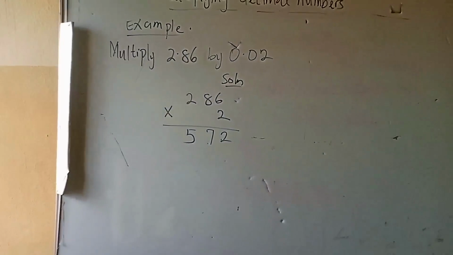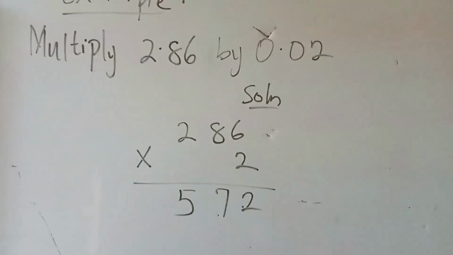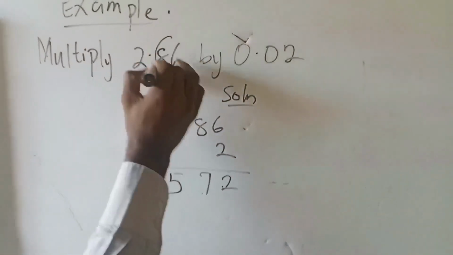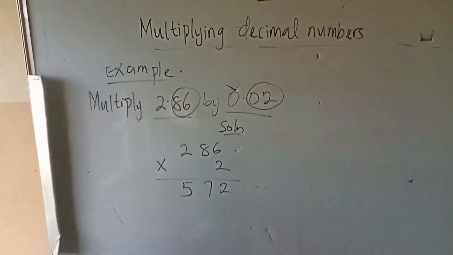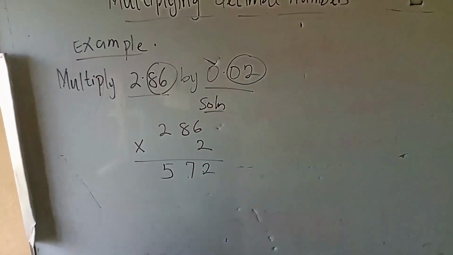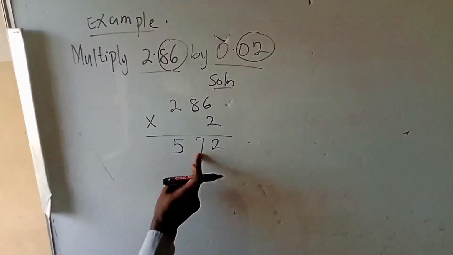Next, we go back to how many values we have after the decimal point in the first number and the second number. Looking at 2.86, we have two values after the decimal point. Looking at 0.02, we also have two values after the decimal point. So 2 plus 2 equals 4. You now count the answer you got from the right to the left: 1, 2, 3.